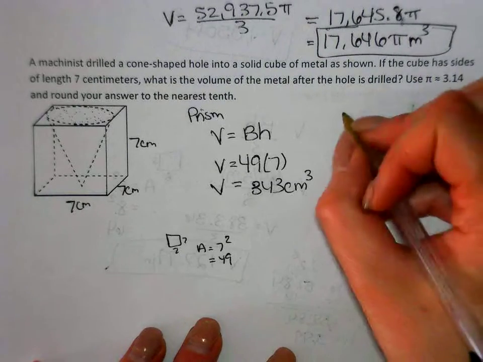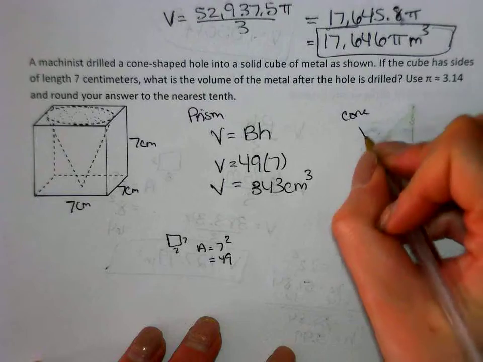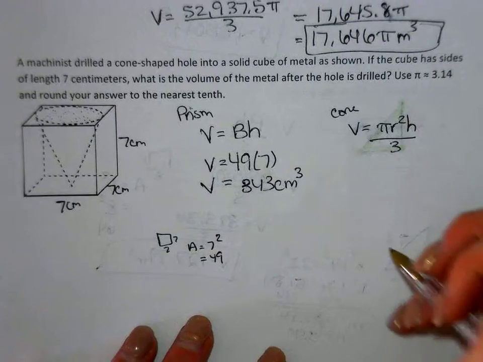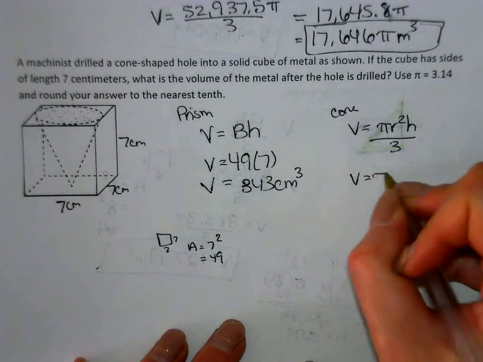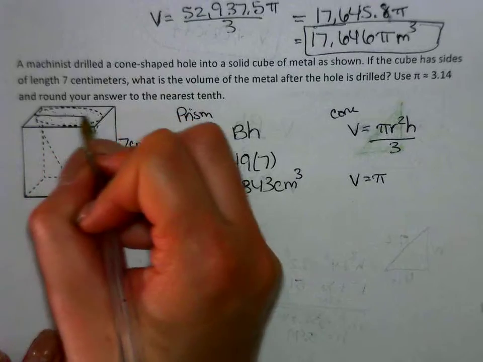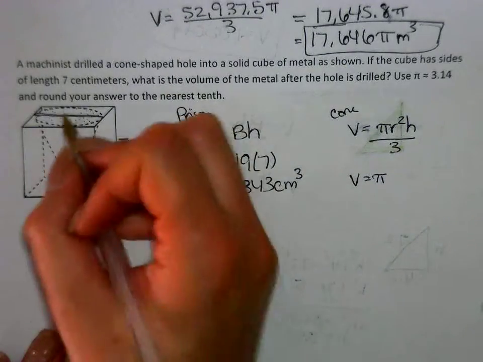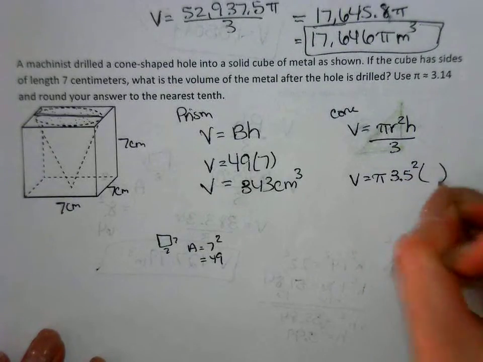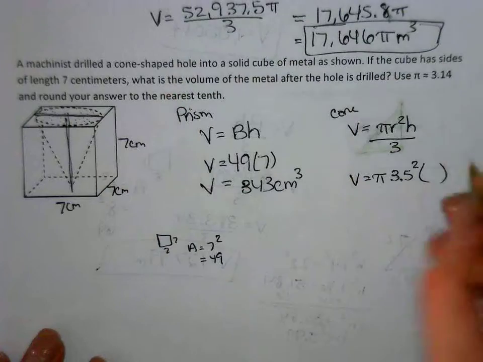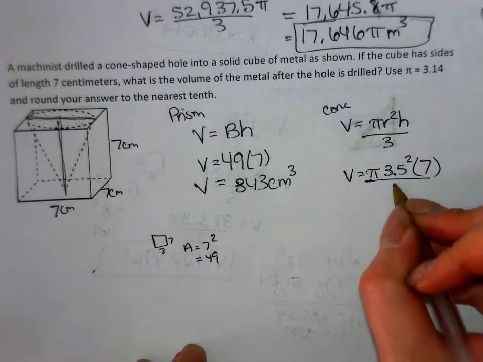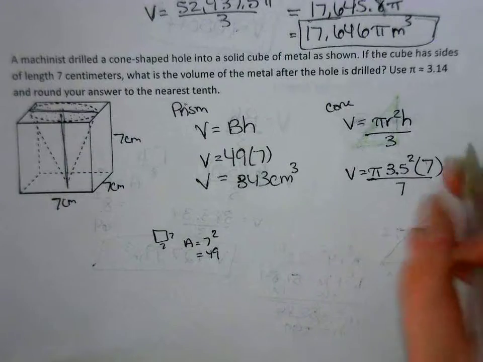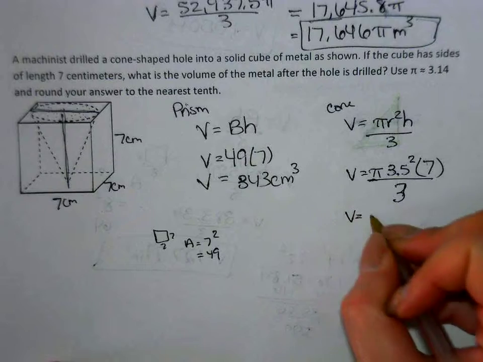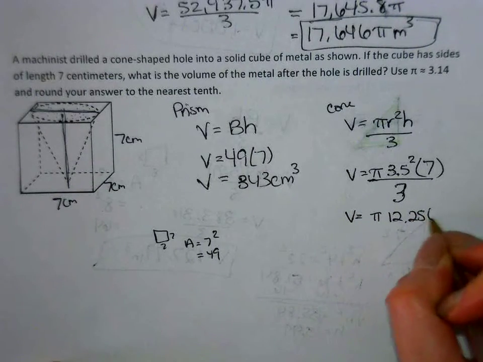Then let's find the volume of our cone, which is pi times radius squared times the height, divided by 3. First, we need to find our radius. If this is the diameter of our cone, which is 7 centimeters, the radius is half of 7, so it's 3½ squared. And the height of our cone is this distance, which is 7 centimeters. 3 5/10 squared is 12 2500ths.